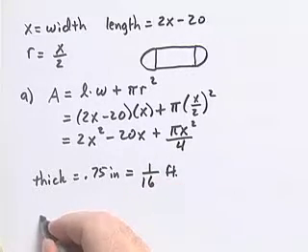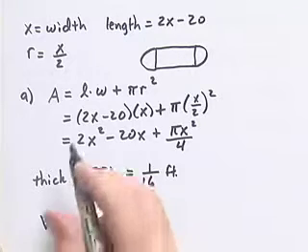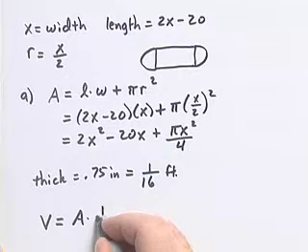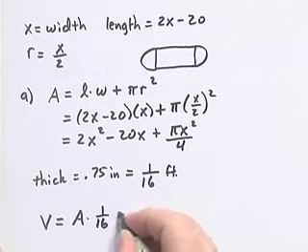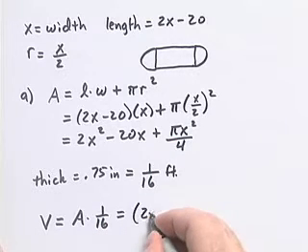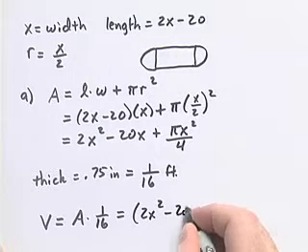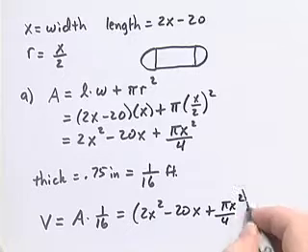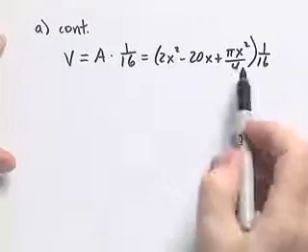To get the volume, we just need to multiply the area by the thickness. So the area times 1/16, we'll have 2x squared minus 20x plus pi x squared over 4, all of that times 1/16. Now that we've written an expression for our volume, we want to write it in function notation, since the problem asks us to write a function. Here's our expression.